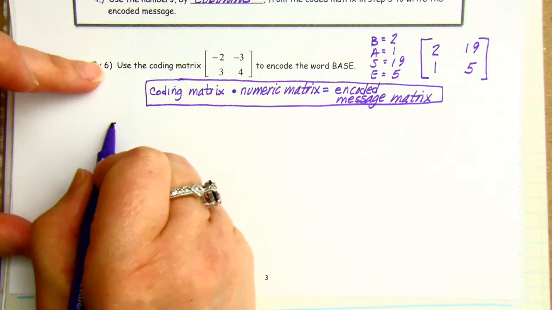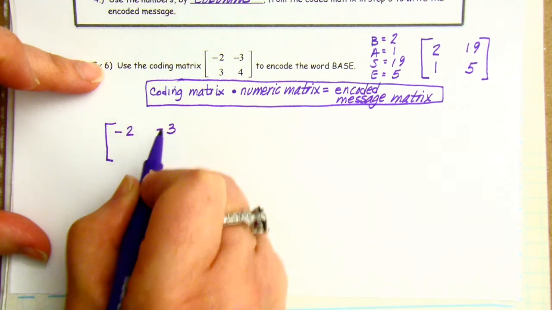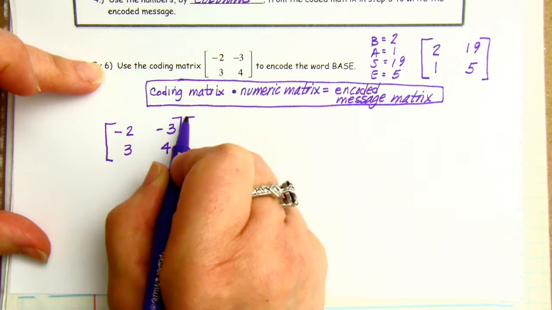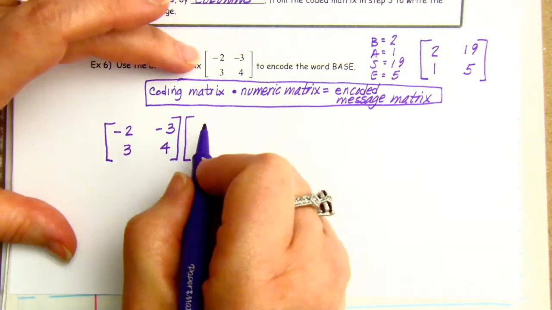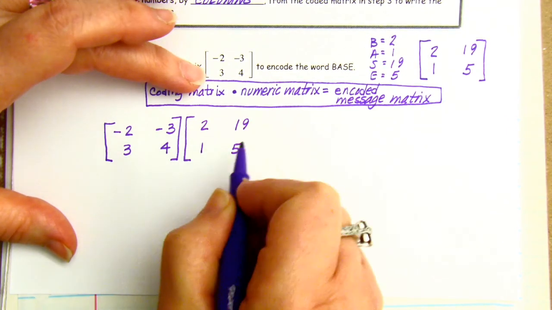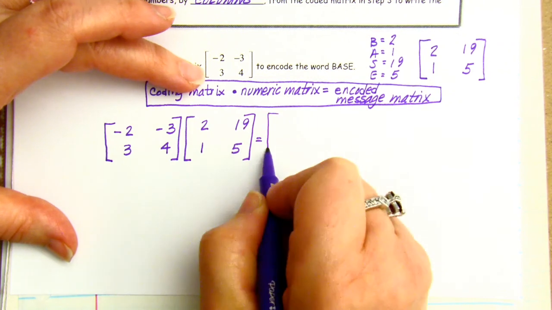So let's take the coding matrix and the word base, 2, 1, 19, 5. And we're going to multiply these.